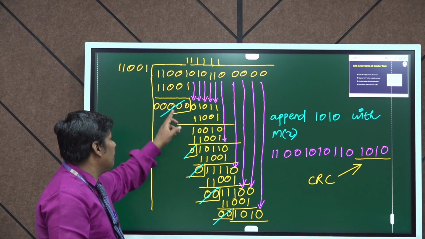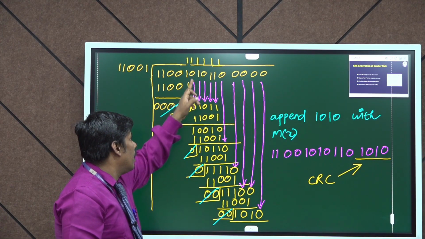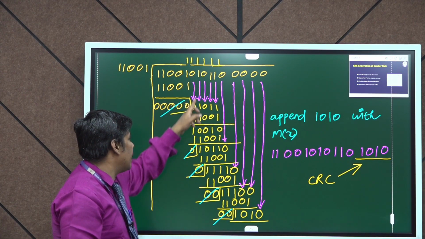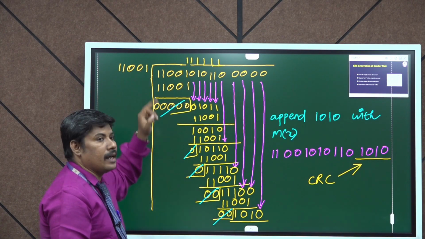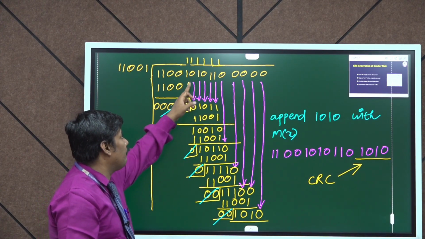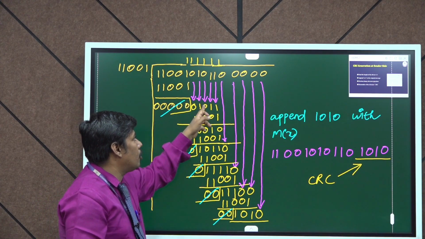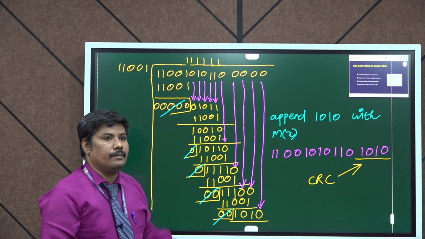Then in binary division, the next elements we need to bring down. But in the divisor we have 5 bits, so we need to bring 5 numbers from there to here: 0 1 0 1 1.